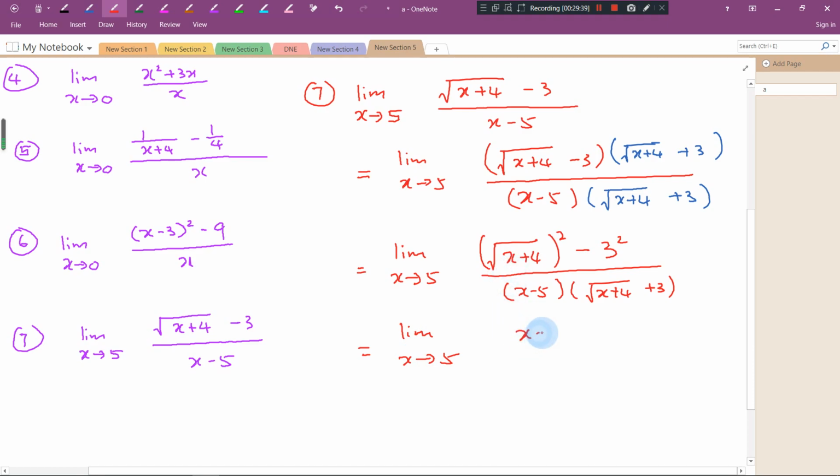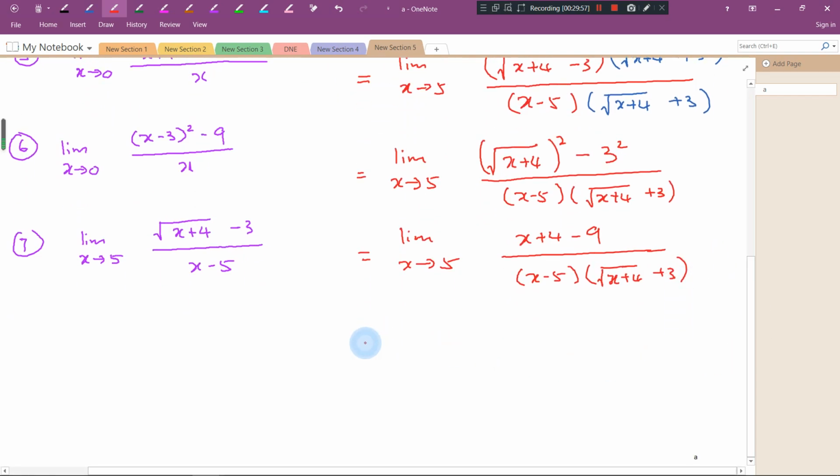So this will be x plus 4 minus 9. And here I will have x minus 5, then square root of x plus 4 plus 3. Okay. x plus 4 minus 5, minus 9, you will get x minus 5 over square root of x plus 4 plus 3.